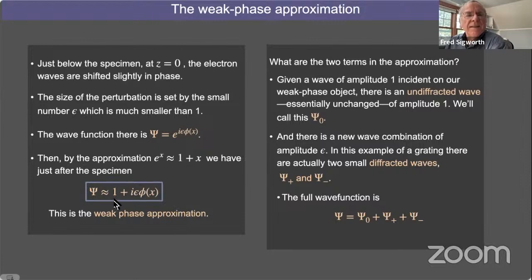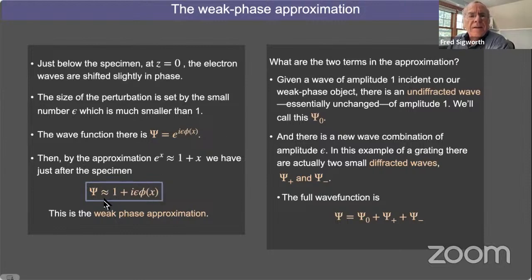And so we can say that this complex exponential just becomes 1 plus whatever the exponent was. This is called the weak phase approximation, and it makes everything much simpler, and it's just exploiting the fact that we don't get a lot of phase shift of electrons going through most of our objects.